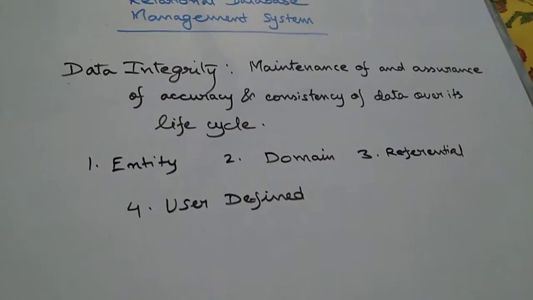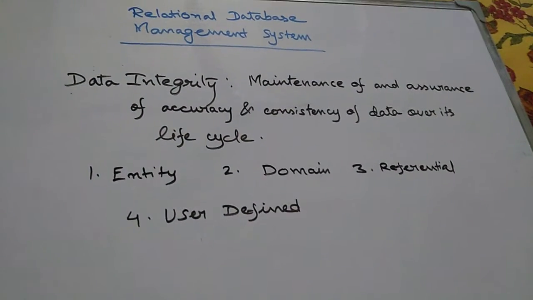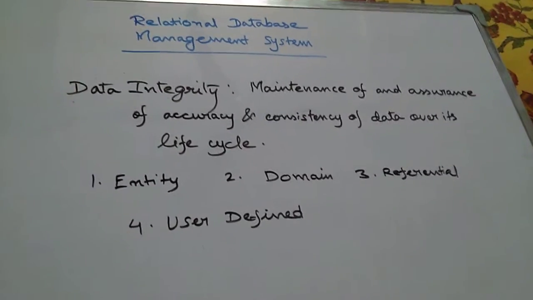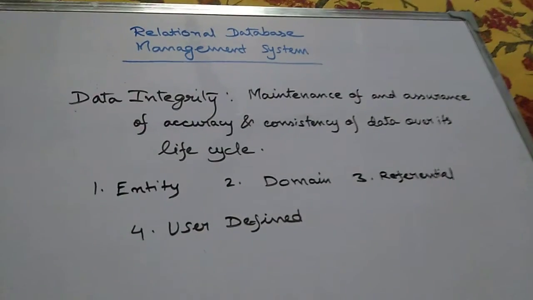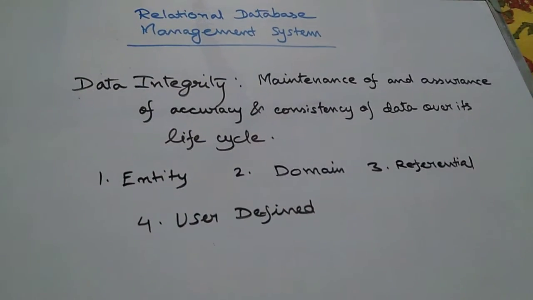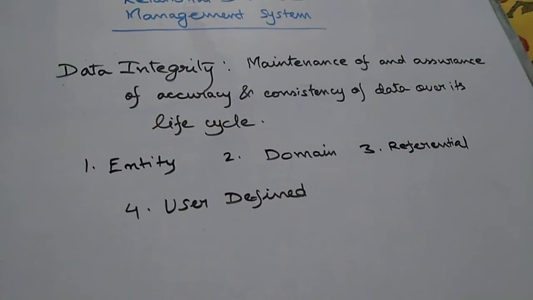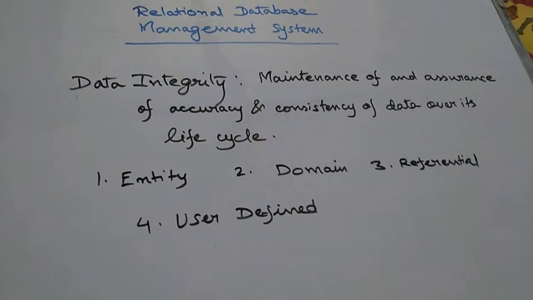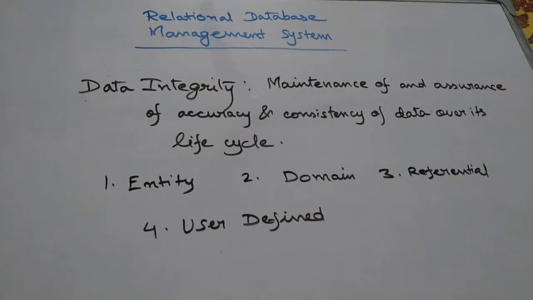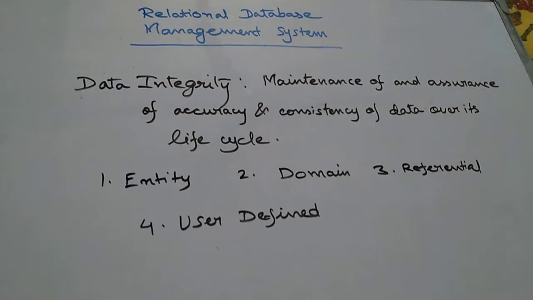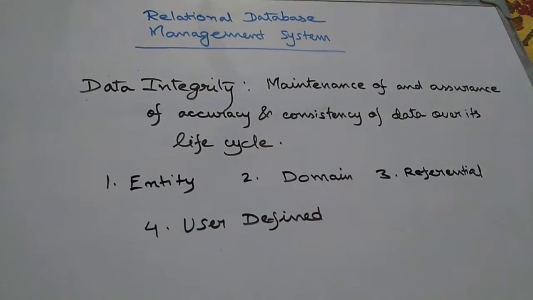Now, I will not discuss these subtypes in detail. I will do that in my DBMS course that I will upload later. But right now, you just have to know what data integrity is, and that it can be divided into its subtypes. So this was all about the relational database management system, which you need to know for proceeding further in your SQL course.